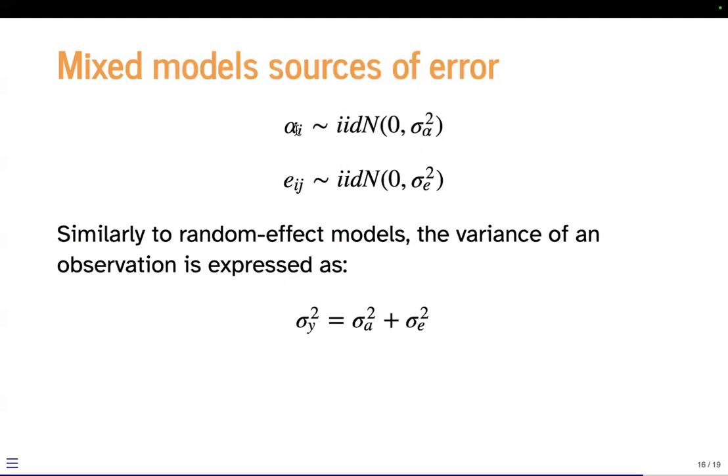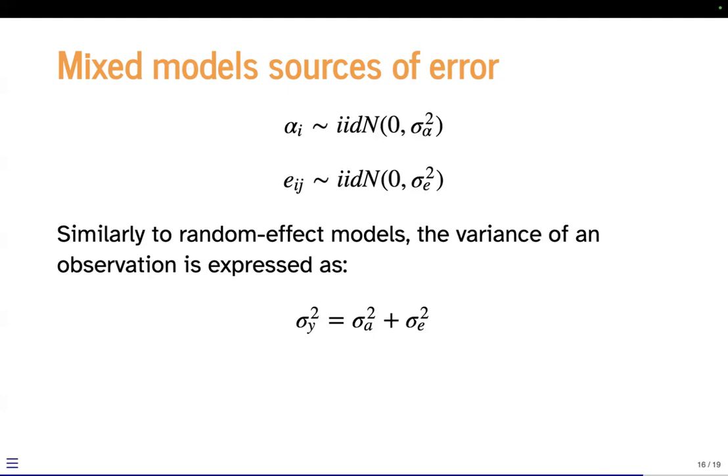For the random effect, sigma square A represents just the variation among blocks. And for the error, sigma square E is the variation of the residual of the model. So there are two different sigma squares taken into account in this model, which then, similarly to random effect models, means the variance of an observation is expressed by the combination of both of those variances: the variance coming from the block and the variance coming from the error or residual.